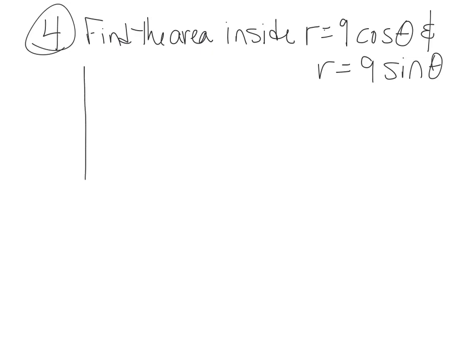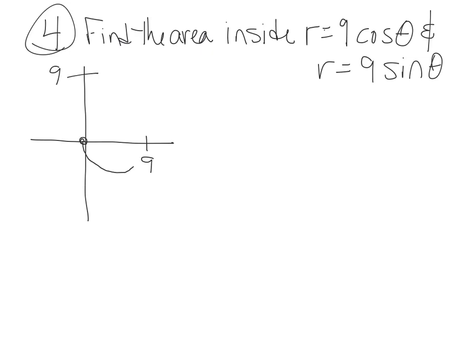So first I want to make a sketch, and that's often a helpful thing to do on these, which is why we did our graphing lesson last time to practice on this. These equations are both circle equations. They both have a diameter of 9. The cosine one lies with the x-axis as its axis of symmetry, and the sine one lies with the y-axis as its line of symmetry, so it goes out 9 here, out 9 here on the other one.